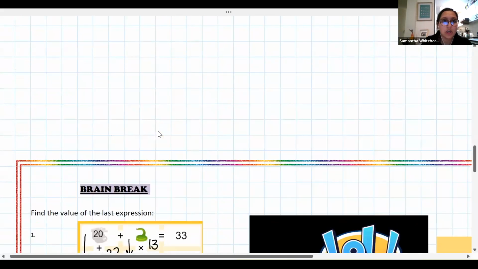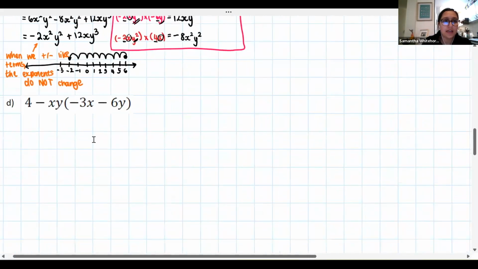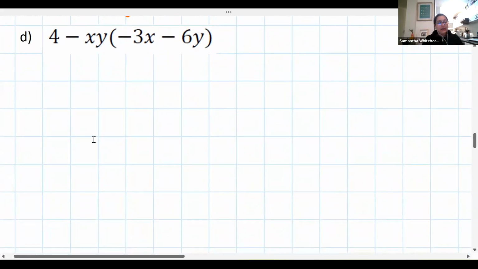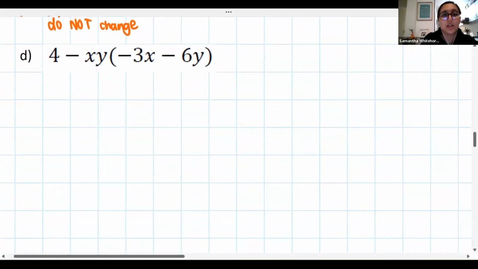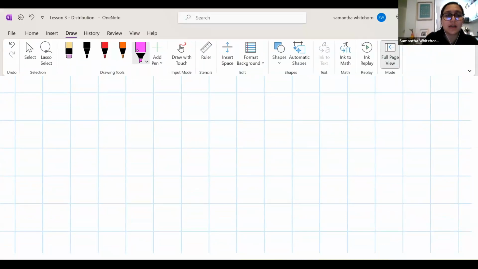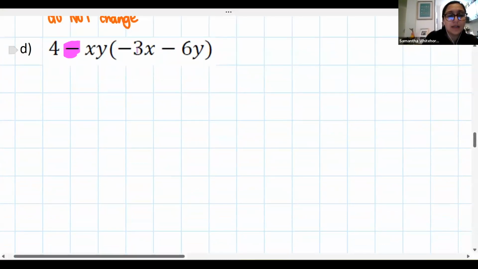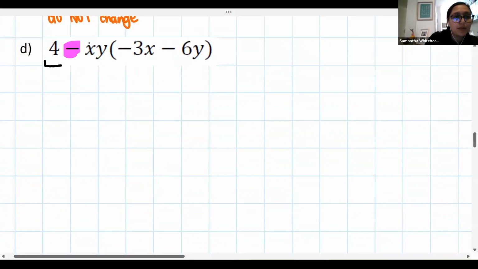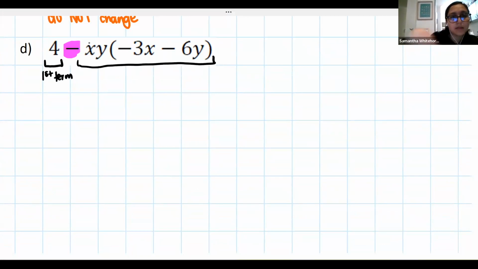Right, guys, nice. So let us have a look at another example, and this is a really nice example because, again, we always double check for our terms. Now remember, terms, we want to only consider the plus and minus signs outside the bracket. So this minus sign outside of my bracket is the only one separating terms, which means that 4 is my first term, and the whole minus xy times the bracket is my second term.